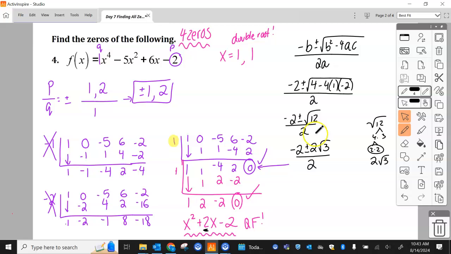And then finally, you'll notice that all of these have a 2 in common, so we can divide those and end up with -1 plus or minus root 3. So there are our 2 zeros, for a total of 4. And you did it!